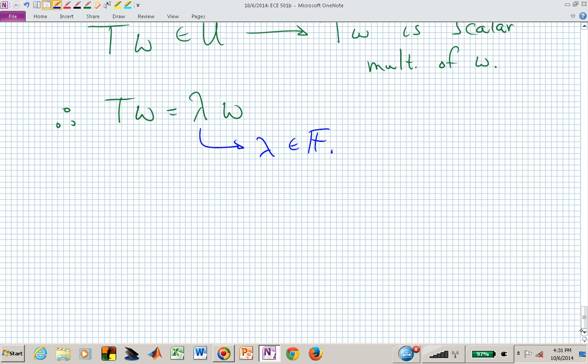And if we have such a relationship, Tw is equal to lambda w, then we will start to use the terminology that was just used, and we've already been using it.